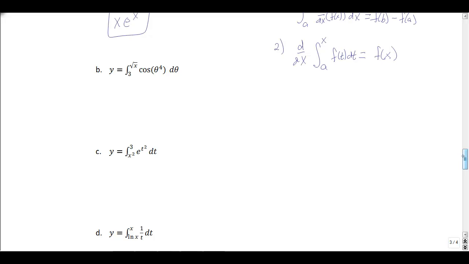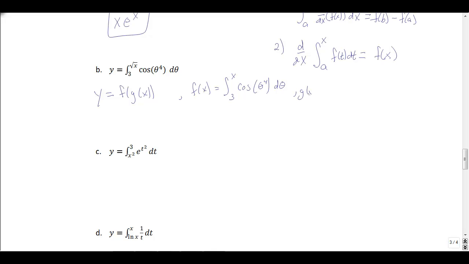Now, you can make these questions more complicated. Sometimes this is the kind of thing that really shows up. We have y as the integral not from 3 to x, but from 3 to square root of x, of cosine of theta to the 4th d theta. So what we have to do is let y be f of g of x, where f of x is the integral from 3 to x of cosine of theta to the 4th d theta.